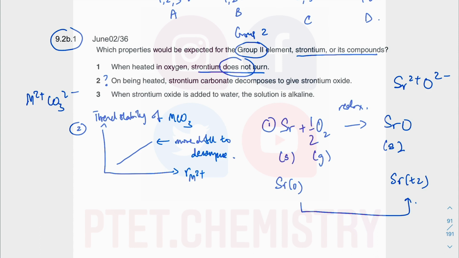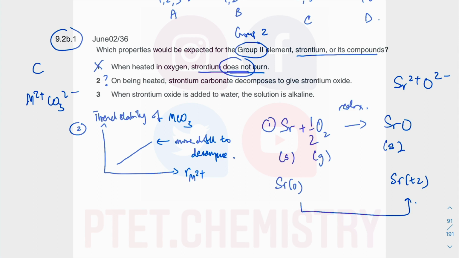They contain electrons. So this should be easier down group 2. That means strontium will burn in oxygen. It said does not burn in oxygen, so that is incorrect. Without checking number 3, I wasn't sure about number 2, but I'm sure number 1 is wrong. So that means my only correct answer would be 2 and 3, which is C.